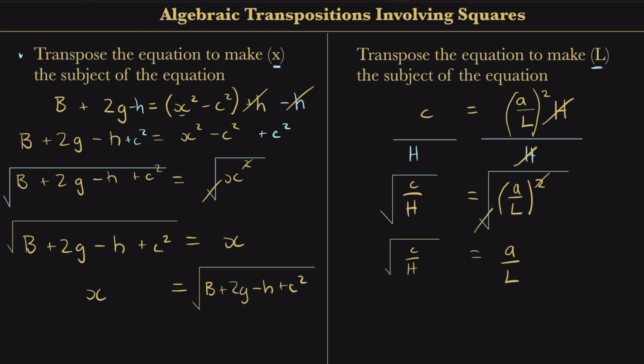And I want to get L out of being a denominator into the numerator, so I'm going to multiply both sides by L. That's going to give me L times square root of c over h, which is equal to, these are going to cancel each other out, so I'll just have a.